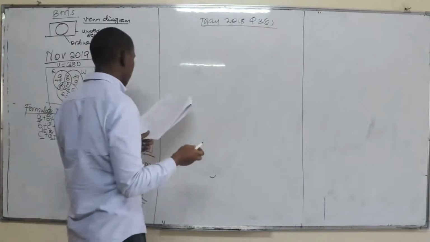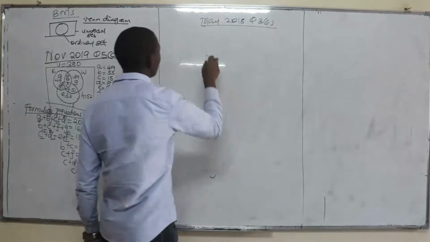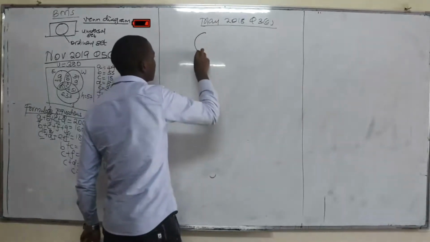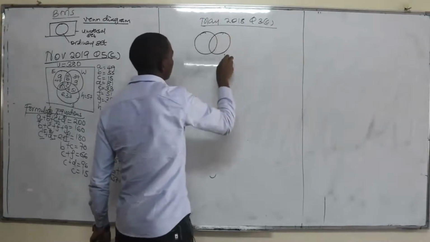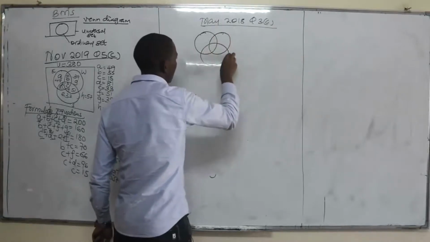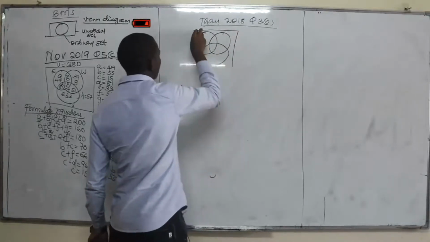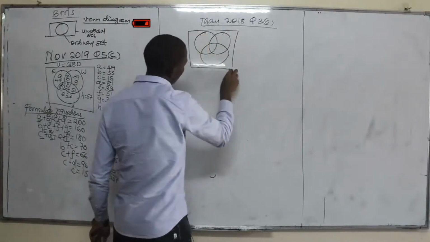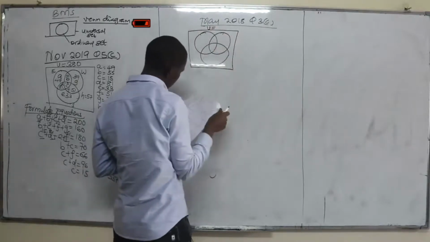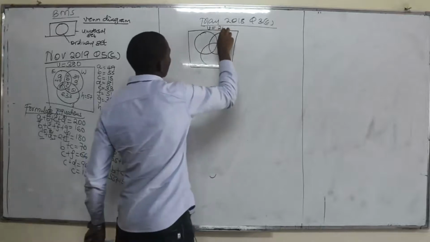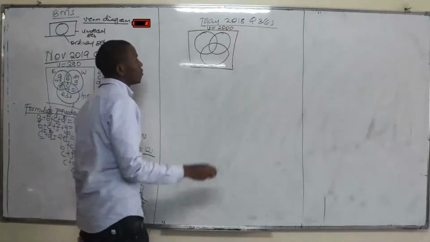So in this case, we have television, radio, and newspaper. So I will draw that. Television, radio, and then we have the newspaper. So in this case, U is equal to the number of interest to the researcher, in that case 2,000.